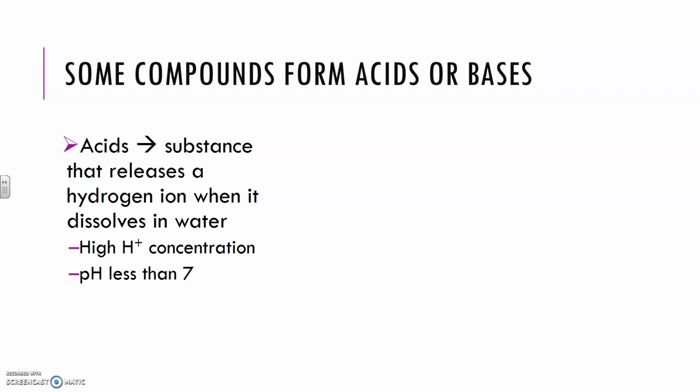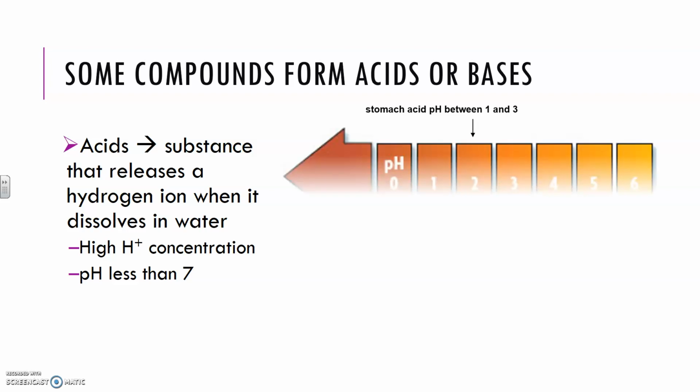It means that you're going to have a pH less than 7. So pH is a scale that measures the hydrogen concentration. Now, if you took physical science with me last year, you probably remember doing this calculation. Okay, I'm not going to worry about that in this class, but pH is just a measure by which scientists can determine how concentrated the hydrogen ions are in the solution.